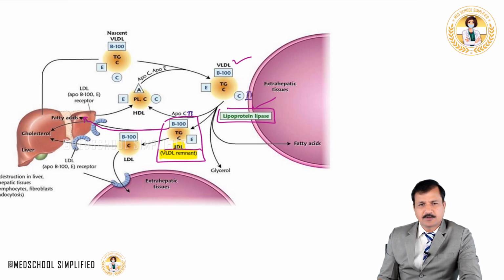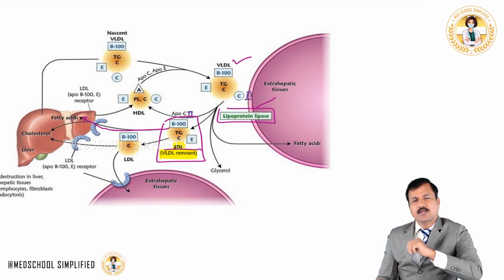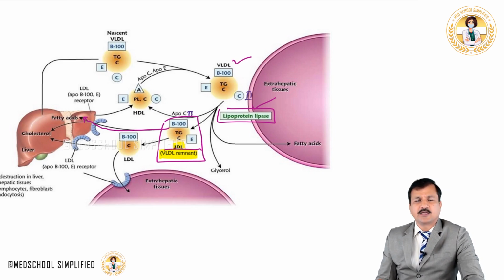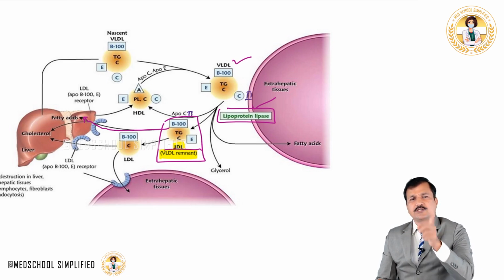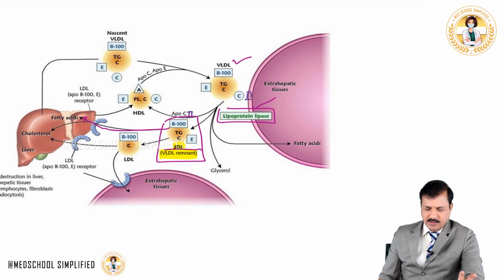What happens with lipoprotein lipase? These triacylglycerol-rich molecules lose triacylglycerol significantly and convert themselves into their remnant forms. The remnant form is taken up by remnant receptors in the liver, and the remnant receptor is the LRP1 receptor, which recognizes Apo E present on remnants, that is chylomicron remnants and VLDL remnant. VLDL remnant is IDL, and that's what happens there.